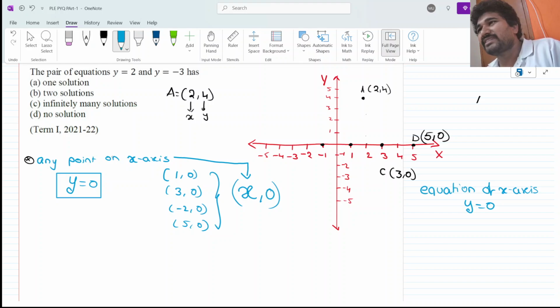Any point on the x axis? Equation of the x axis? Clear that thing now?